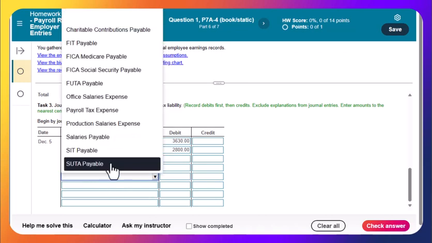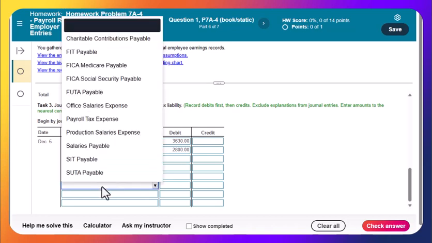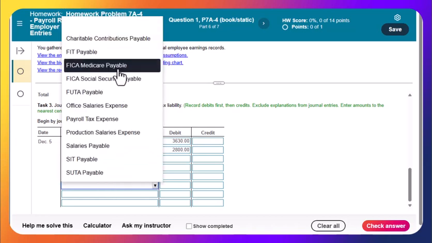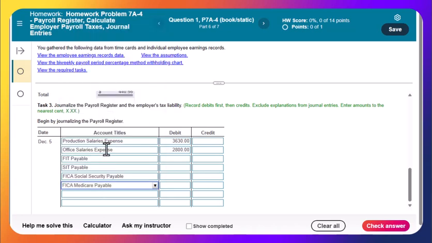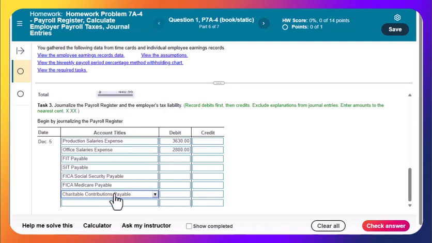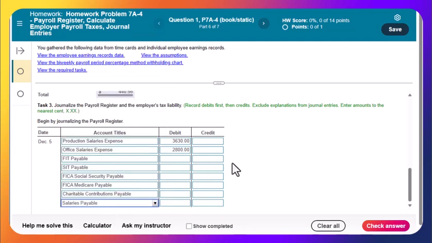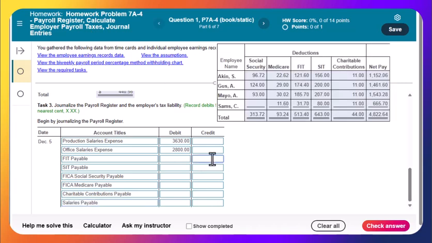We have our FICA Social Security payable, FICA Medicare payable, and charitable contributions payable. These are all the deductions that we did above here, so we'll go ahead and populate them in just a second. And salaries payable here at the bottom.